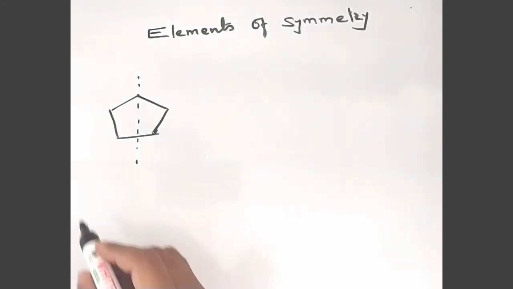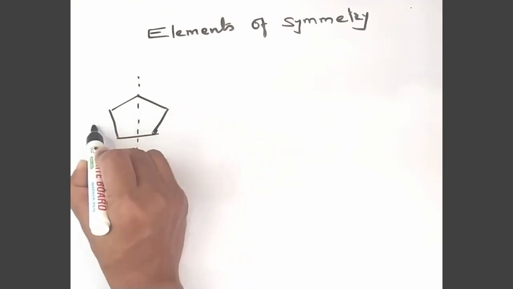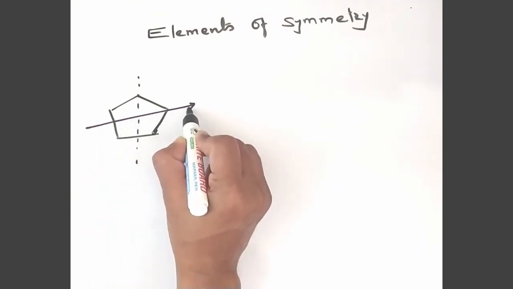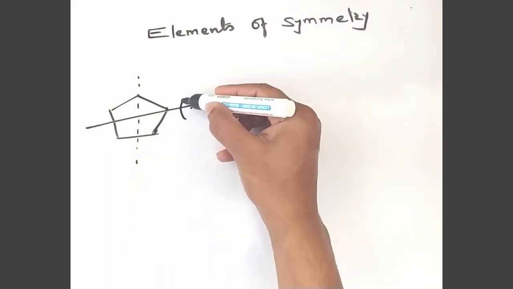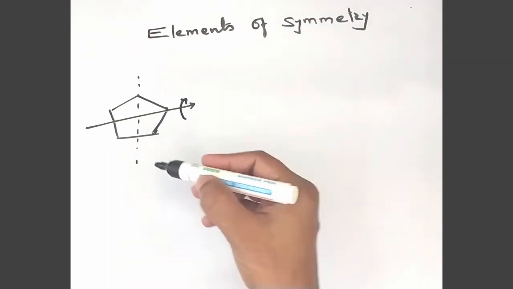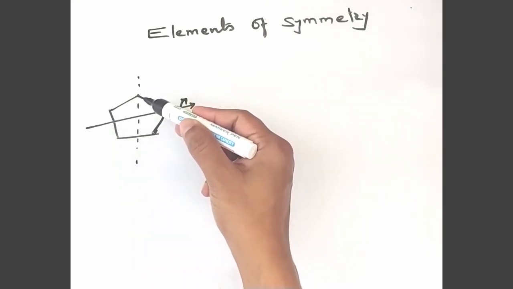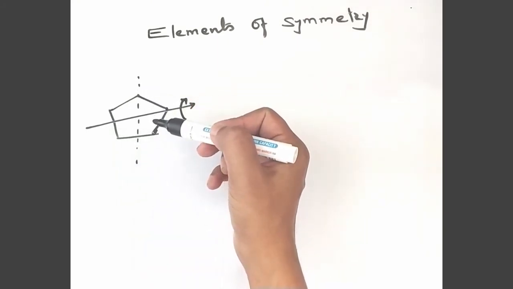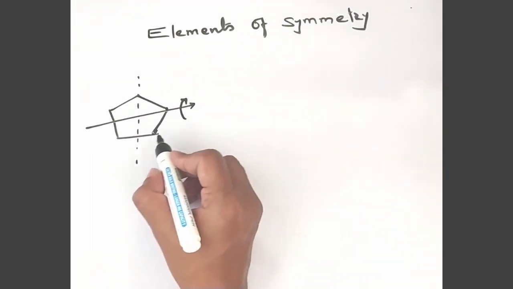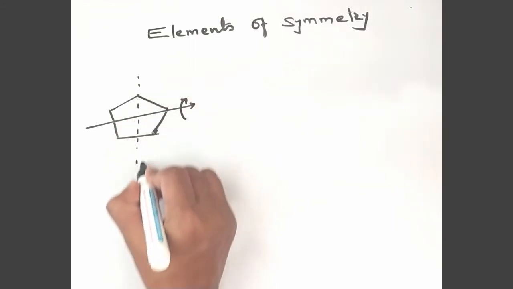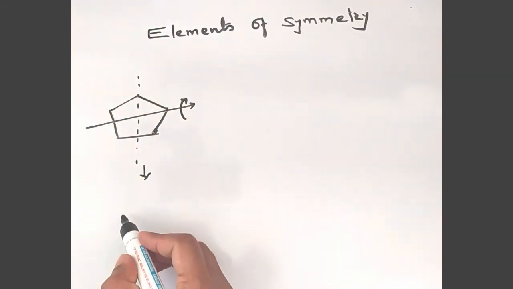Second, we can hold this particular axis passing through this atom, and we can rotate this. If I rotate this, we get a similar object. Now again, as I first said, if I cut this into two equal halves, what will I get?